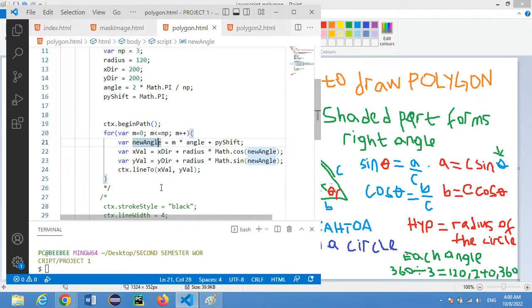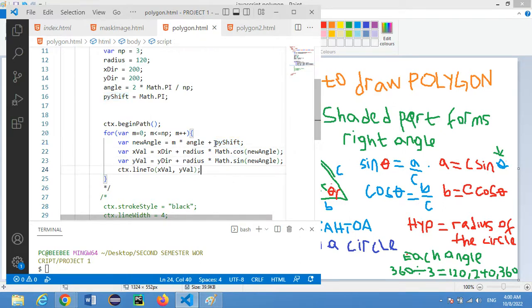And here we create a variable called new angle, which means m here is 0, that is 0 times 120, which is 0, then plus 180. That will determine the direction it will take, either clockwise or anti-clockwise.